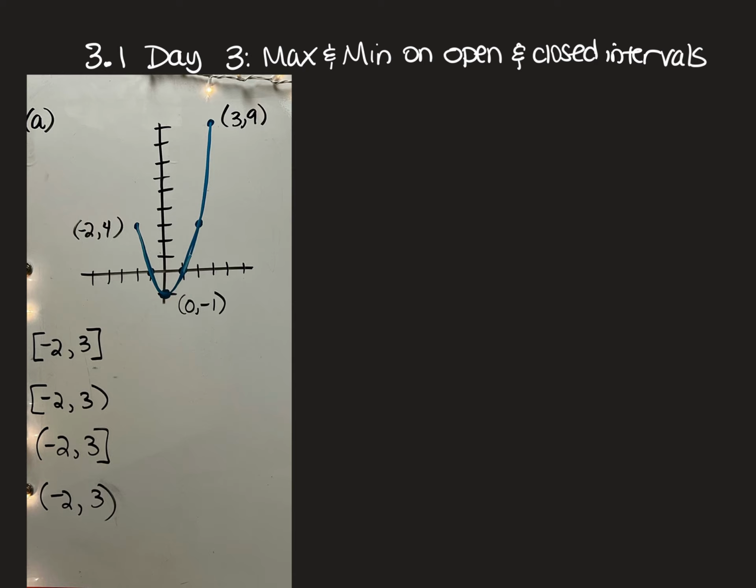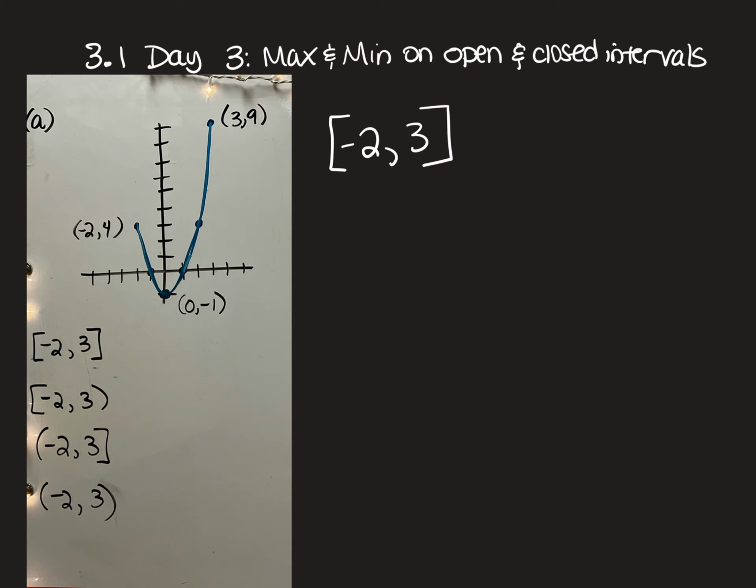So let's start with the interval from -2 to 3. Notice I have closed intervals on both sides. That's closed and that's closed. So we're saying include -2 and include +3 in your assessment of that graph. If we look at the entire function as it's graphed between -2 and 3, I want you to figure out what's the maximum and what's the minimum.